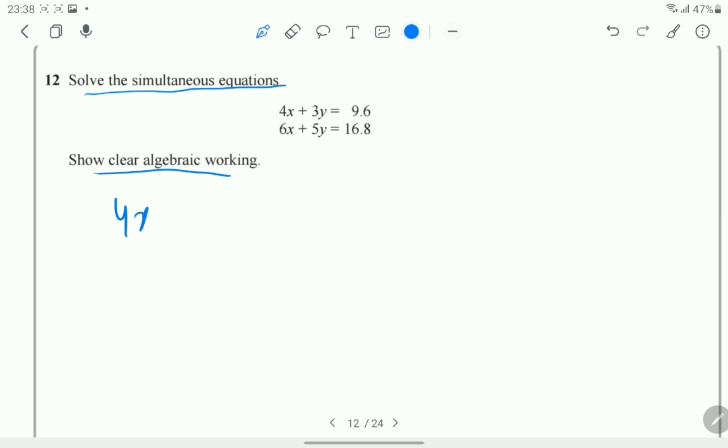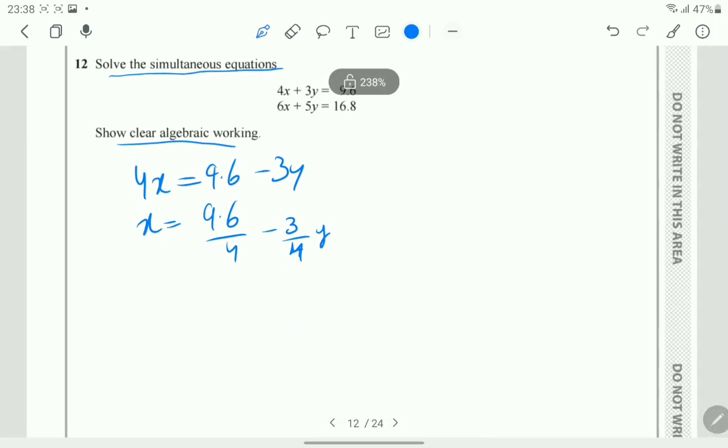The substitution method is that you make x or y the subject of these equations. Again, the examiner wants to know that you are good at handling algebraic equations without messing up plus or minuses or multiplications and divisions and sending things across the equals border.